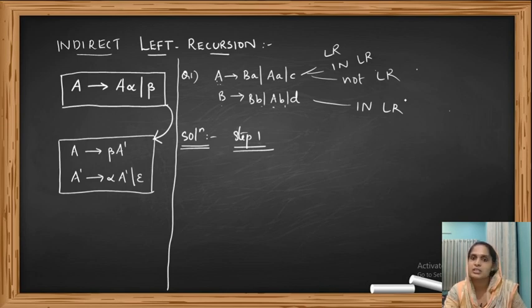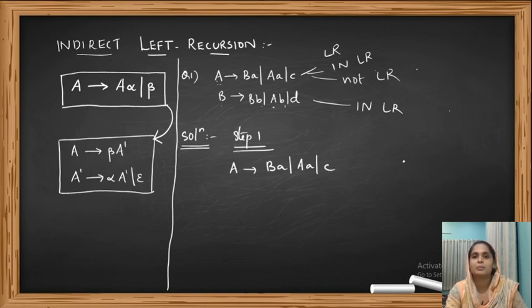If the first production is not left recursive at all, we don't have to do anything. If it is left recursive, we eliminate the direct left recursion. Our first production is A produces BA | AA | C, so in this production we have to eliminate only the normal left recursion.